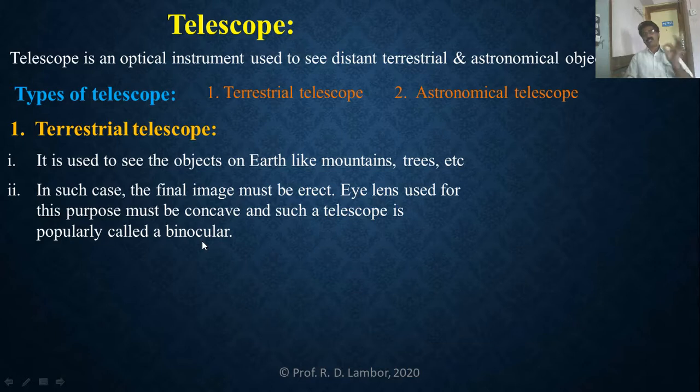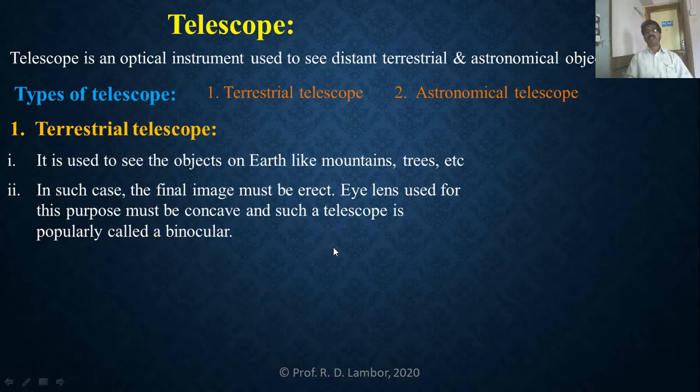So terrestrial telescope is used to see objects on earth surface. That's why final image should be erect. And to produce erect image, we are using eye lens as a concave lens. And telescope using eye lens as a concave lens is popularly called as binocular.